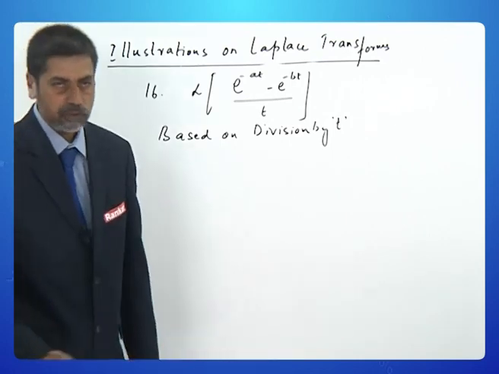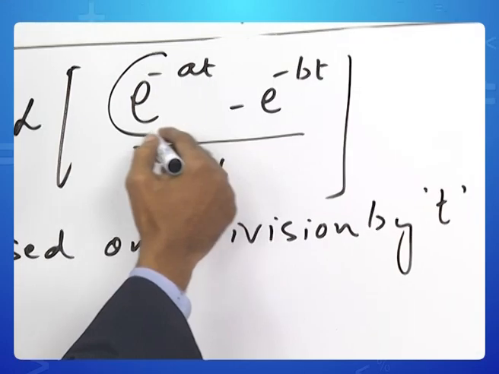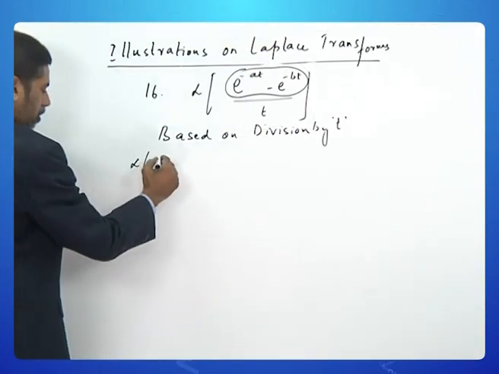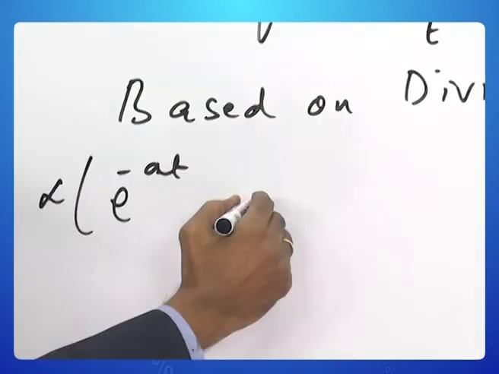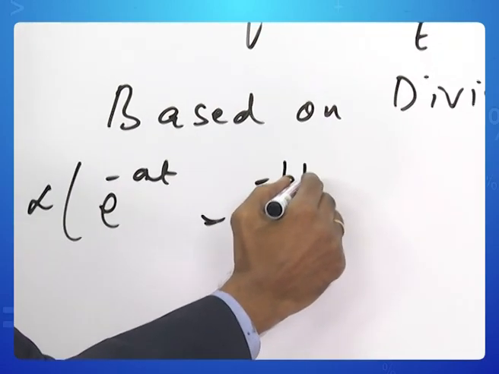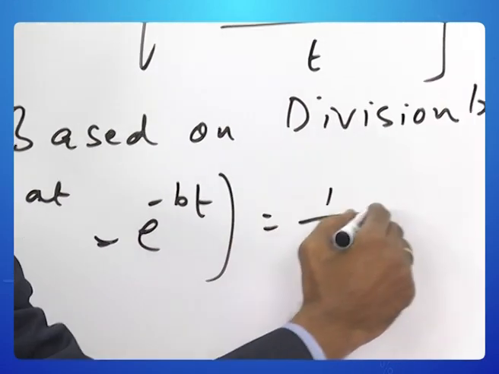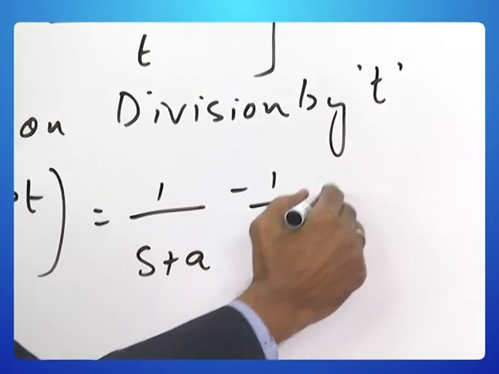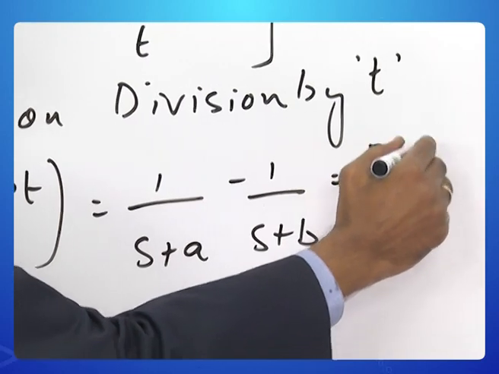So the approach is very simple. First take the numerator, find the transform, call this f of s.